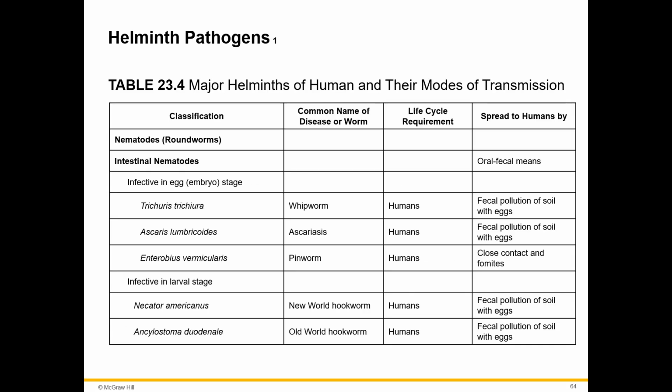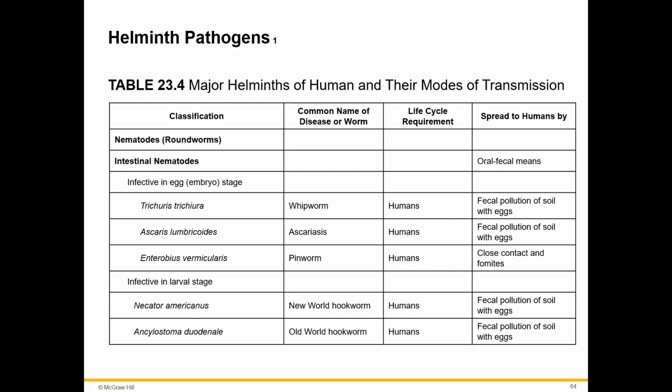And so we have what we looked at in lab, which are the nematodes, the roundworms in the phylum Nematoda, right? We've got intestinal nematodes, and those can infect different parts of the body in humans. We've got the species Trichuris trichiura, which causes whipworm.